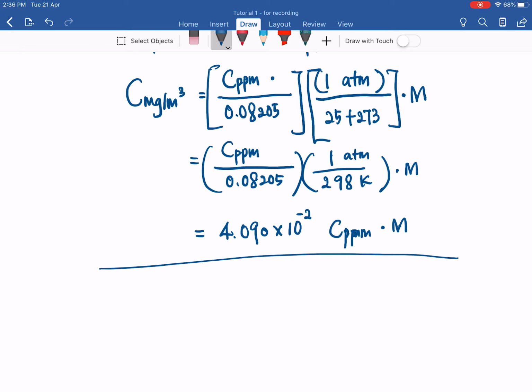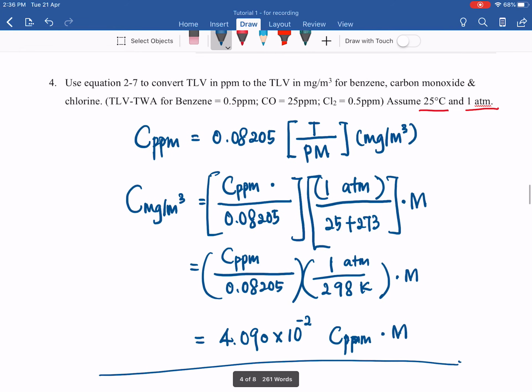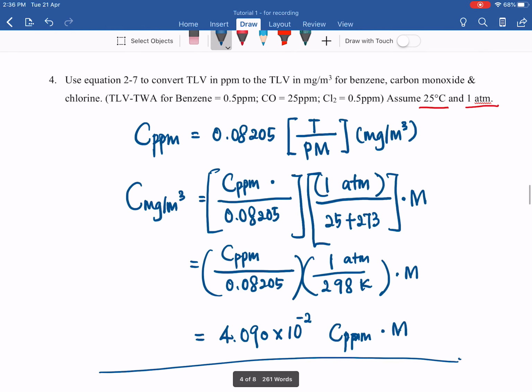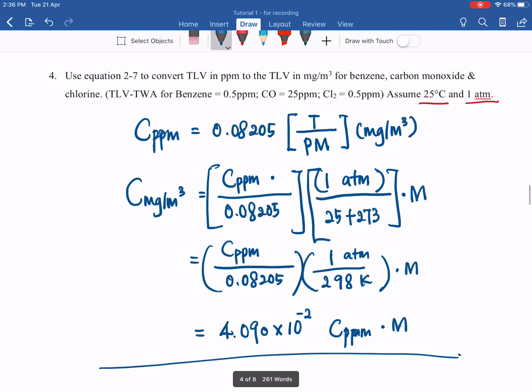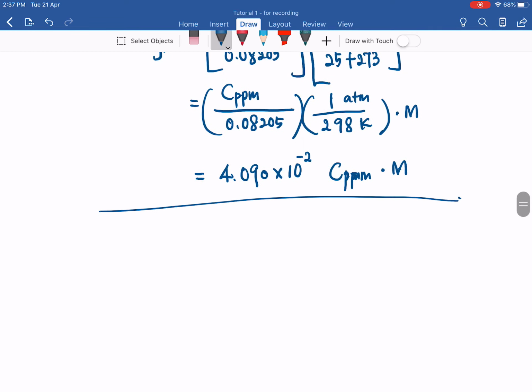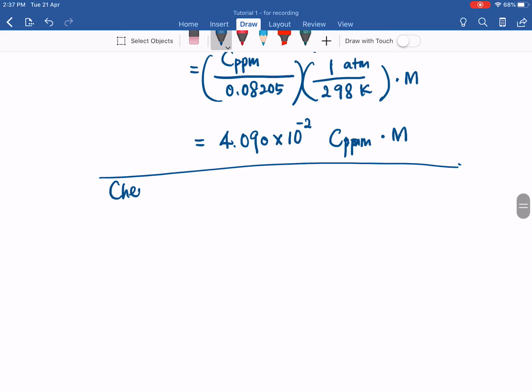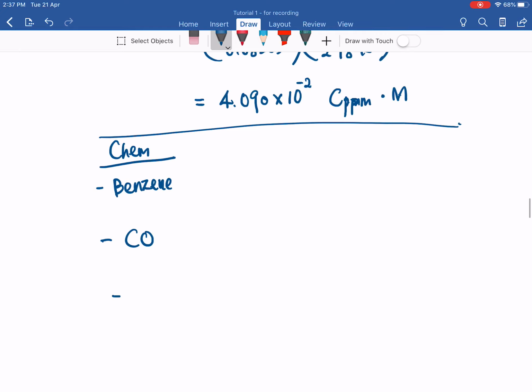So that's the formula. What we are looking at here is benzene, carbon monoxide, and chlorine. So if I write these chemicals down, I have benzene, I have CO, carbon monoxide, and I have chlorine, Cl2.